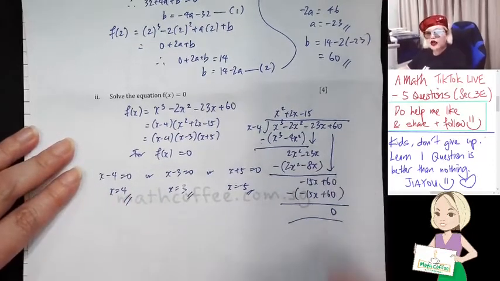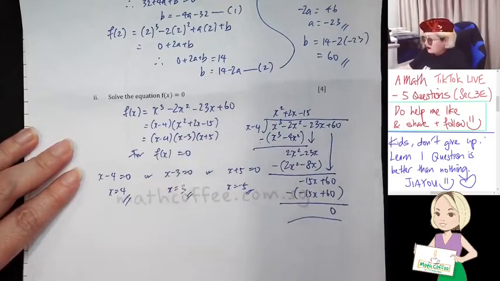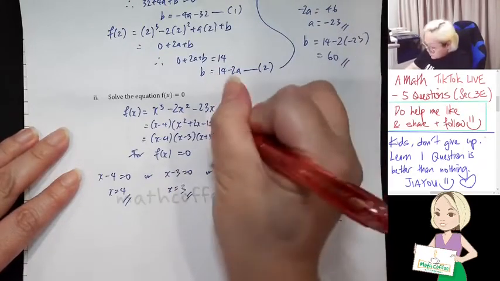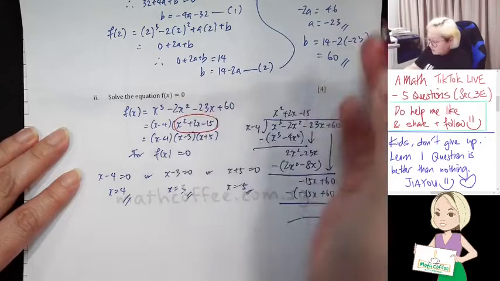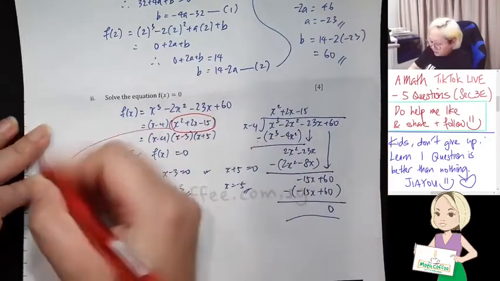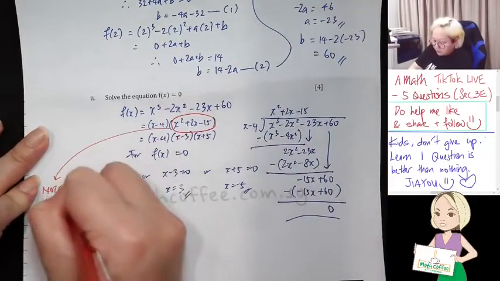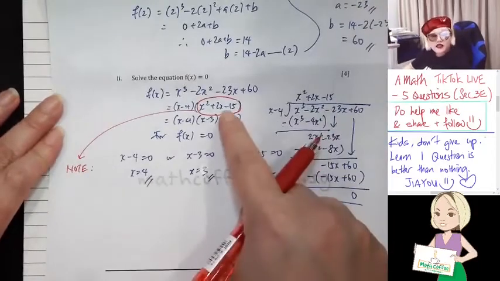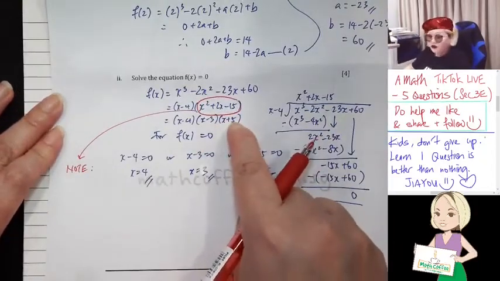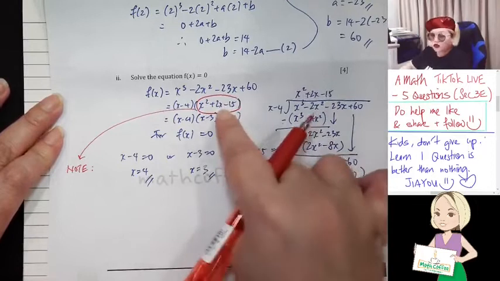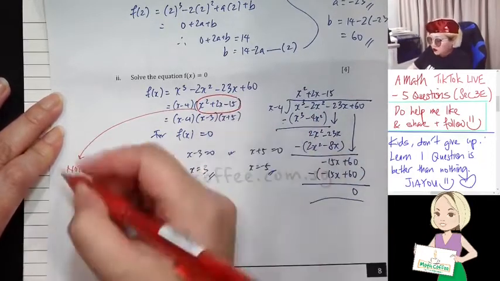Okay? So sometimes, just additional notes, what if this cannot be factorized into 2 brackets? It's okay. It means that you just use the quadratic formula.